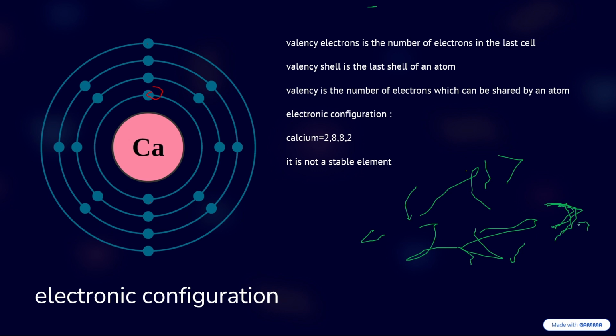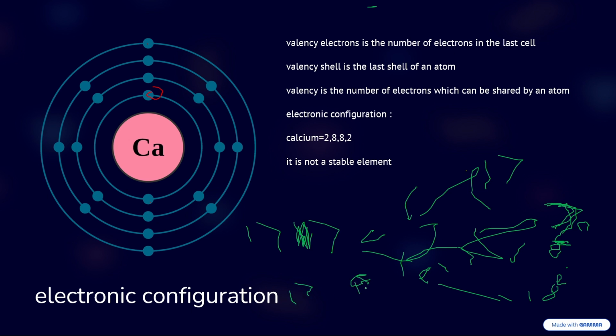Now it gains 1 electron, so a negative charge is gained. In chlorine, the total protons present are 17 and total electrons before gaining are 17, right? Now it gained 1 electron, so it became 18 electrons.